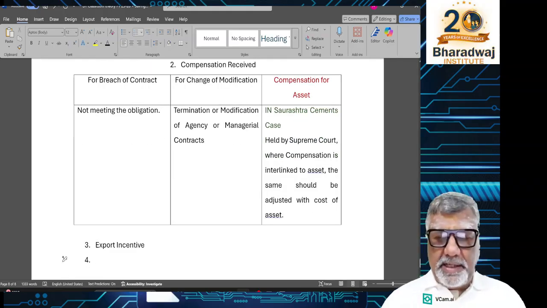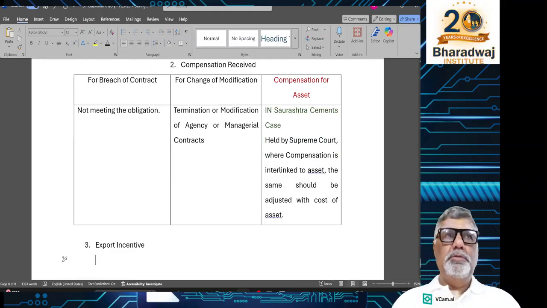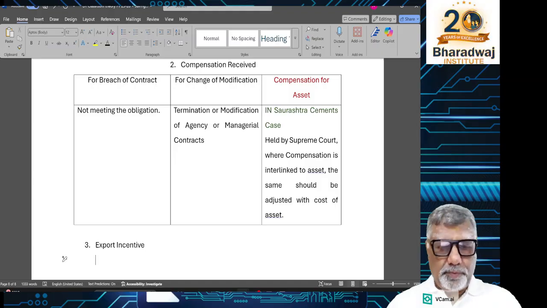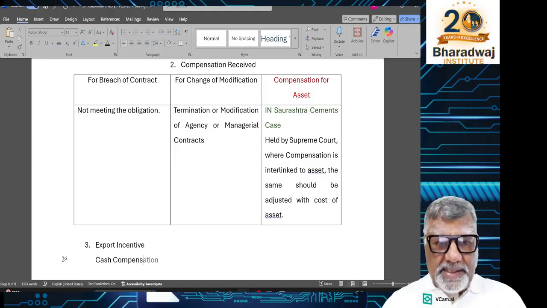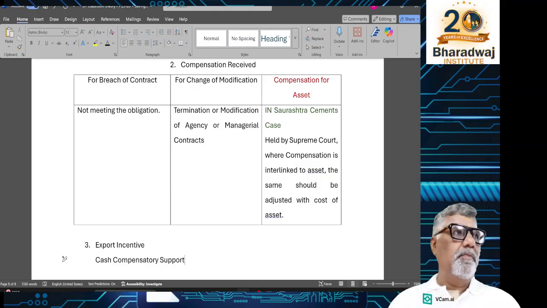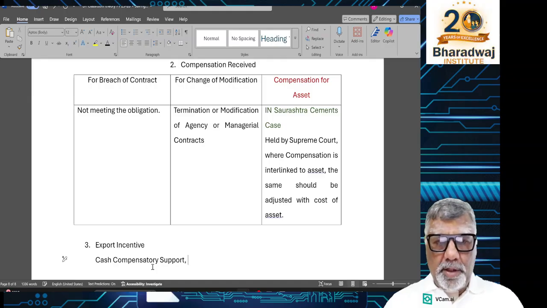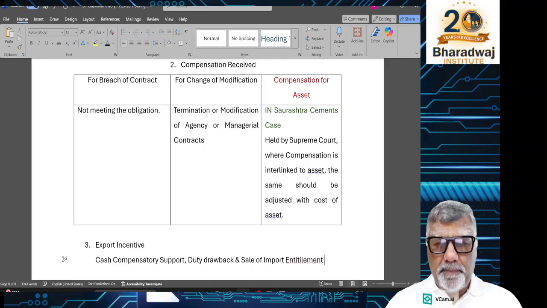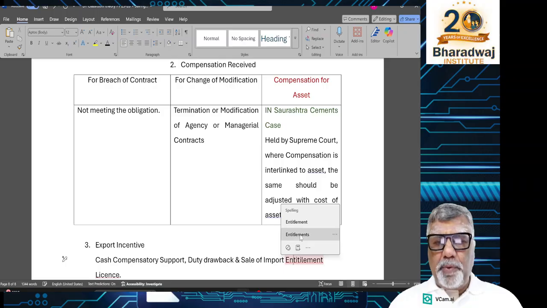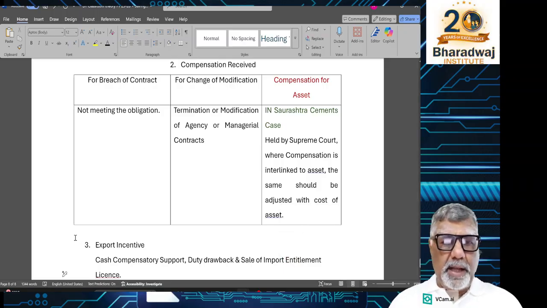Export incentive: cash compensatory support, duty drawback, and sale of import entitlement license.